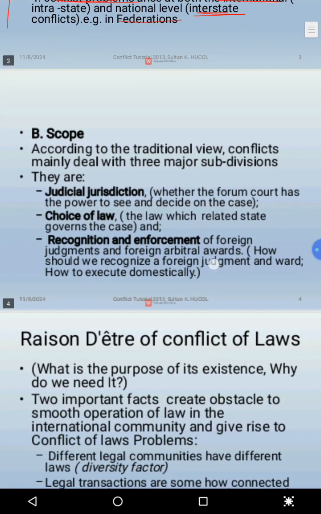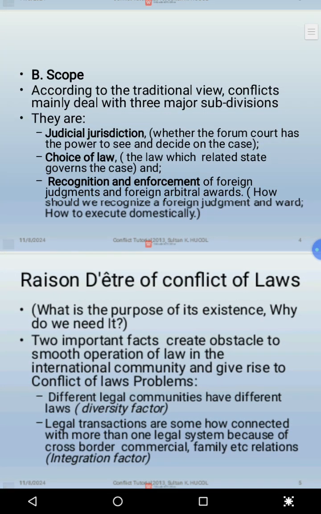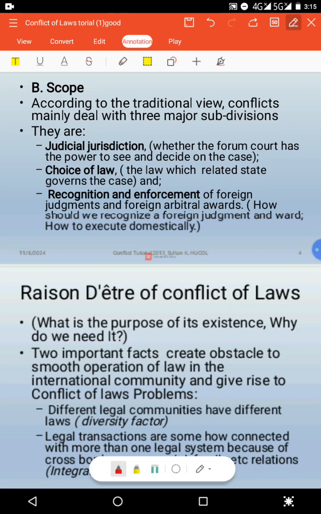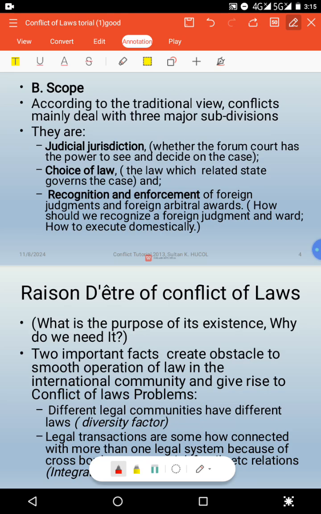When we go to the scope of conflict of laws, according to the traditional view, there are two views: the modern view and the traditional or classical view. Conflicts mainly deal with three major subdivisions.